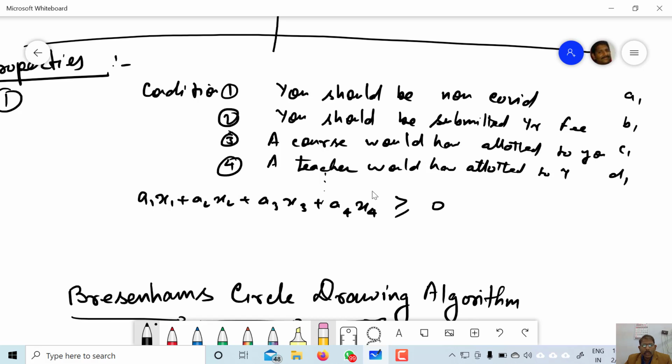Here I have written A1, A2, therefore it should be A1, A2, A3 and A4. These are the conditions. So in this way the actual linear problem can be defined. In this case there is the dual problem, and the dual problem may be easier than the actual problem.